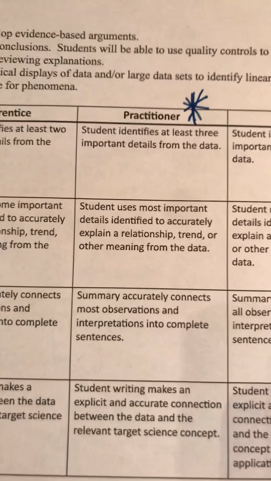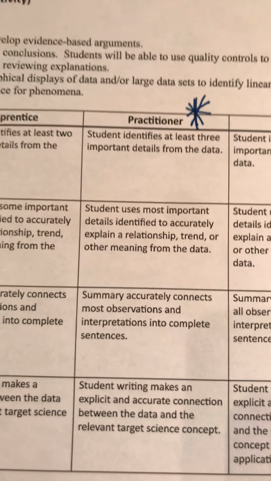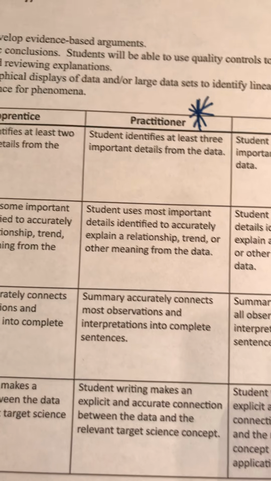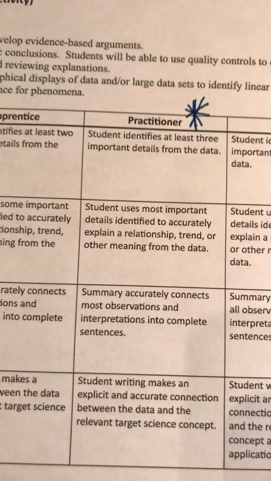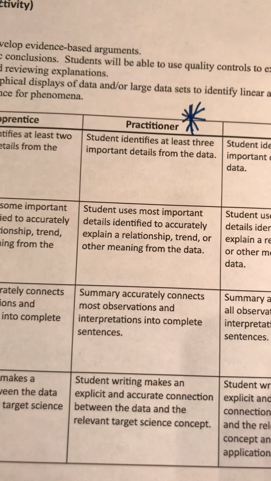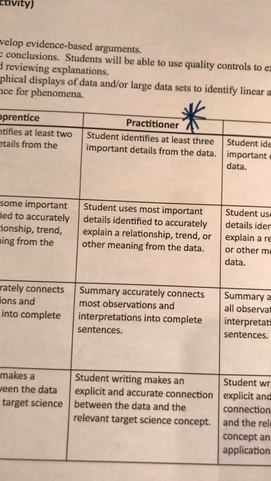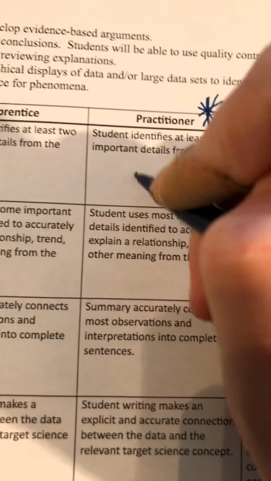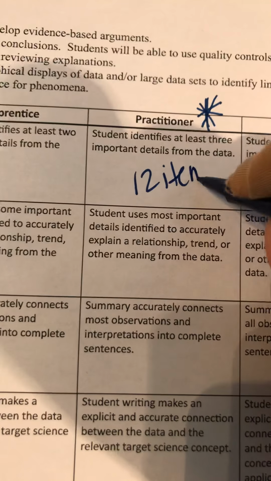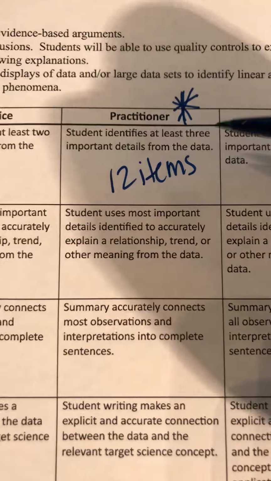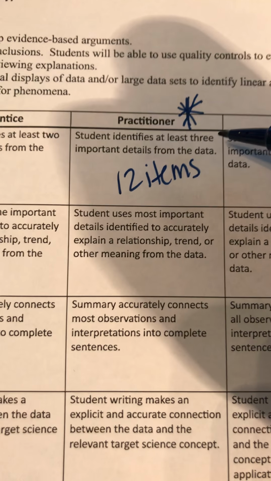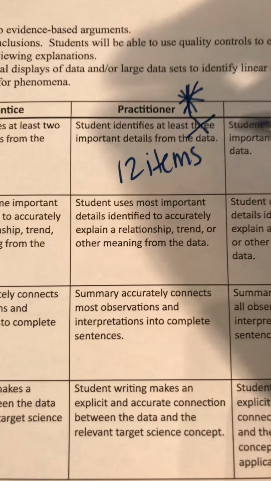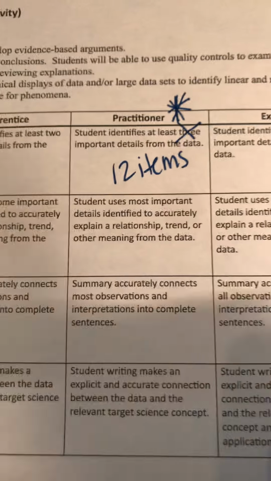On the assignment for today, you are actually going to be asked to identify a minimum of, according to this particular one, 12 items. Okay, 12 items. So I know it says 3 here. We're going to be editing this for our uses. 12 items on the diagram.